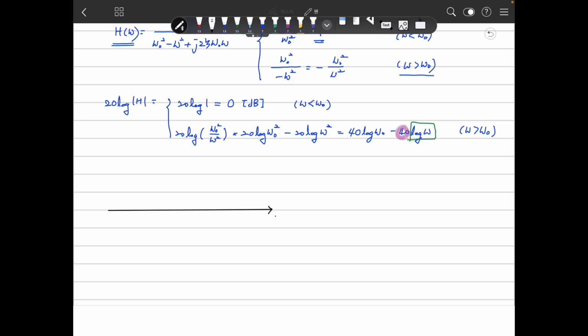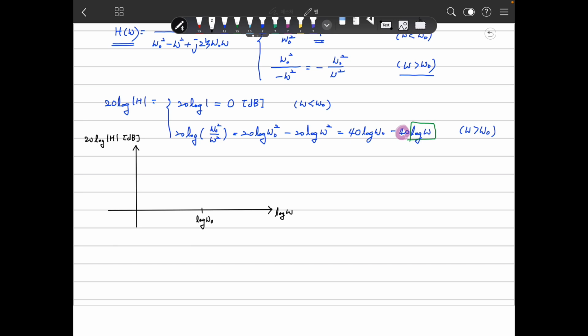Here, this is log omega, and here is 20 log h. The unit of this is dB, and this is the corner frequency, log omega 0.